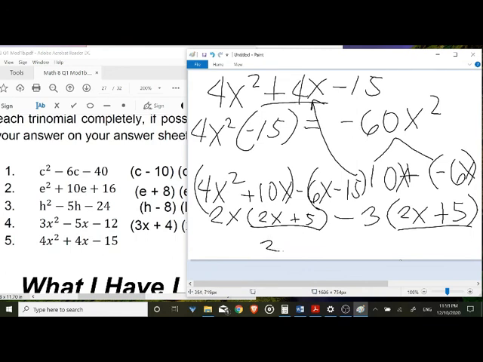Therefore, ilabas natin si 2x plus 5 as their common binomial factor. Yan. Ang natira si 2x tsaka si negative 3. 2x minus 3. Yun. So, merong sagot na tayo dito.